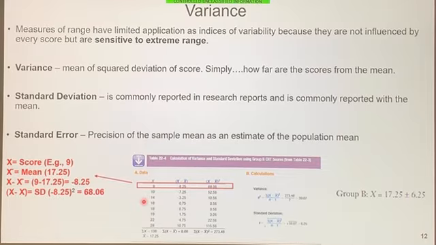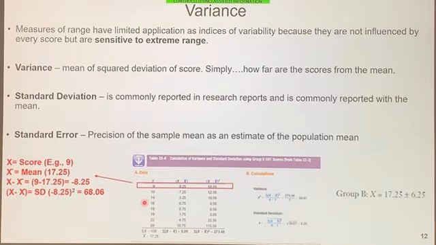So you would never need to calculate the standard deviation, but they're commonly used in studies along with the standard error of the mean. The standard deviation measures how much a score varies around the mean, and the standard error of the mean gives us information about the precision of that sample relative to the population mean.